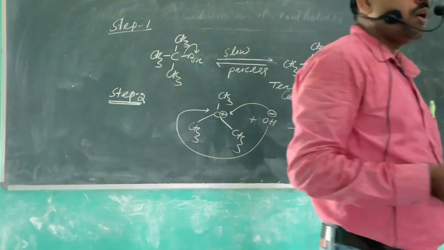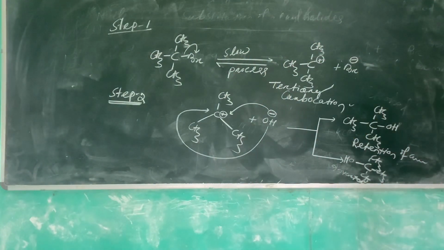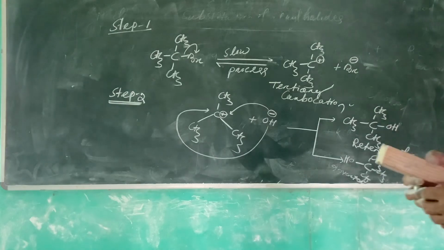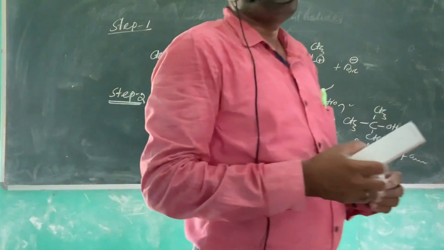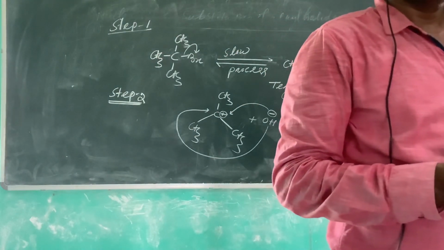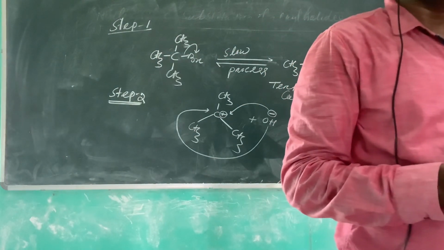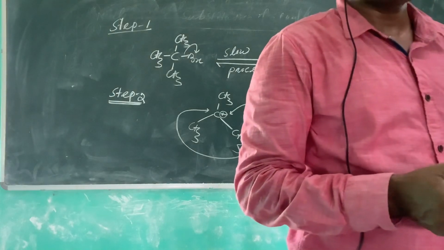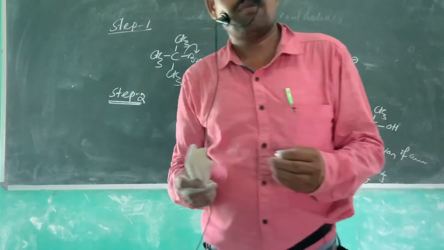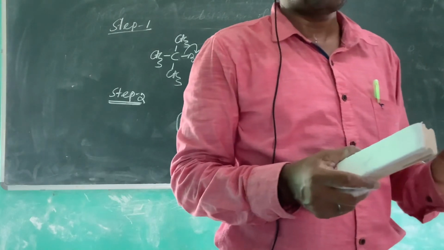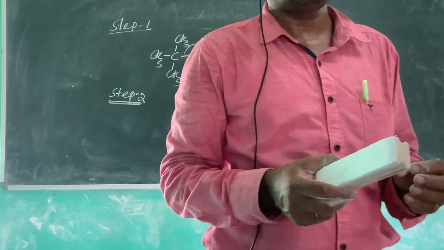According to the concept of optical isomerism, we know that when plane polarized light falls on an optically active substance, it may rotate the plane of polarized light from left to right or right to left. When it rotates the light towards the right, we get the dextro form, called the D form.